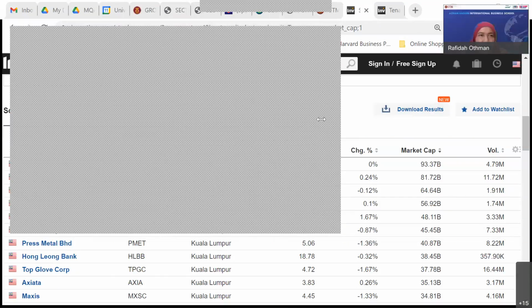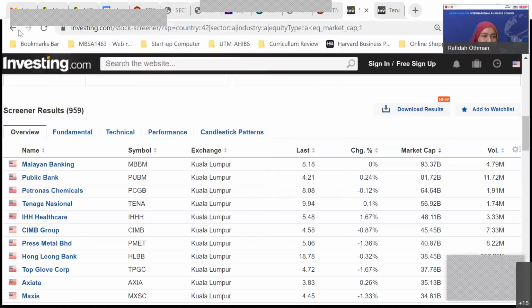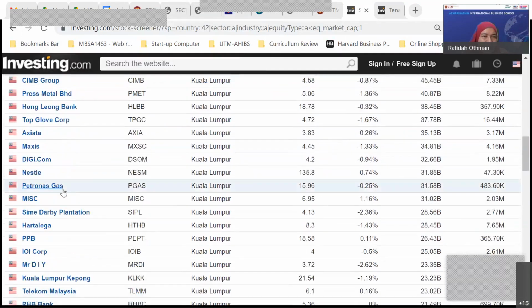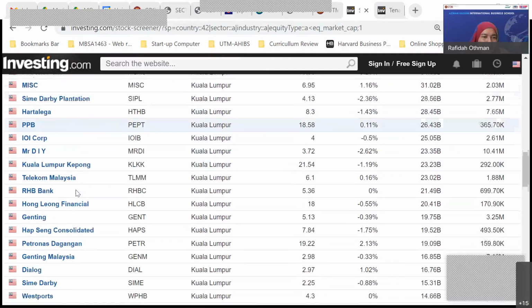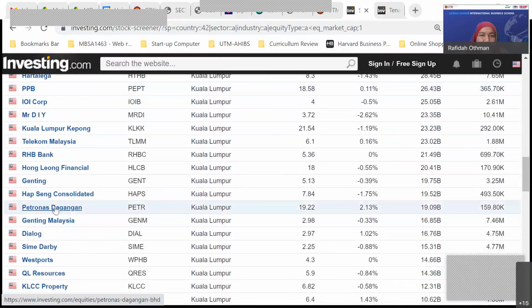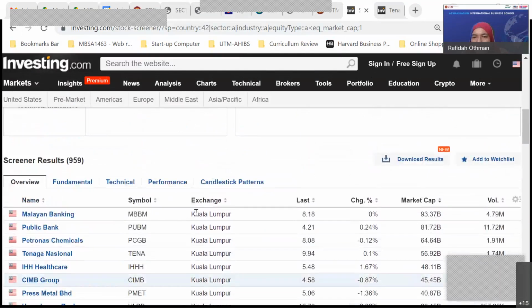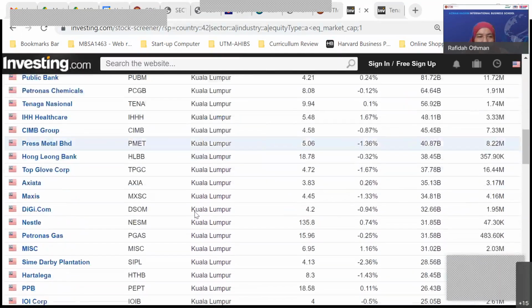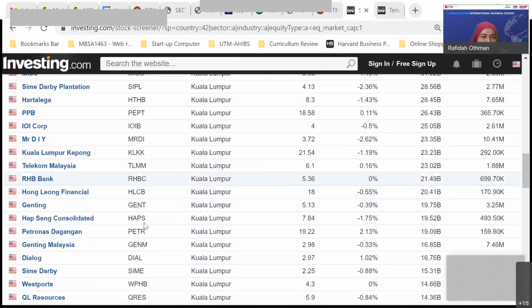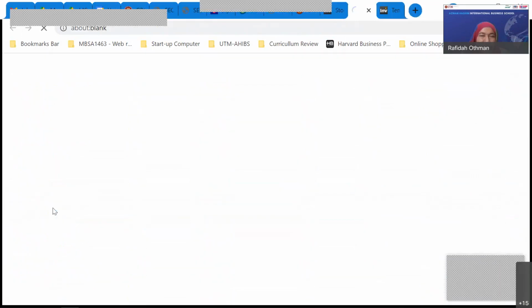Okay, let's see Petronas. So this is Petronas Gas. This one. So what is the market cap, volume? Petronas Dagangan, right? So this is Petronas Dagangan.